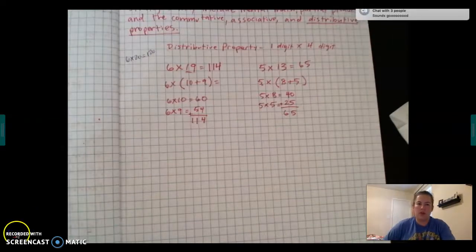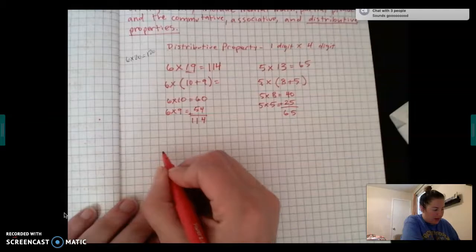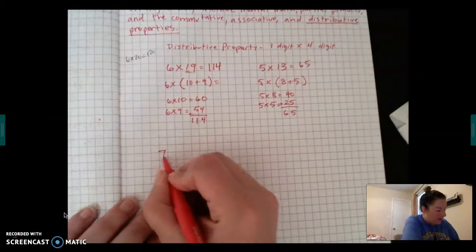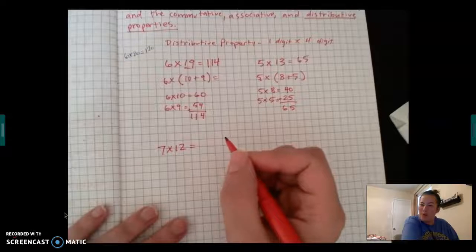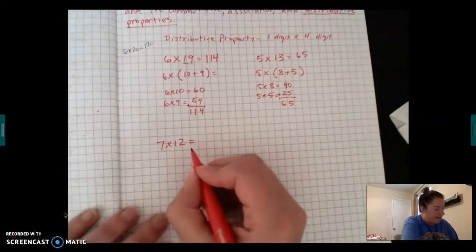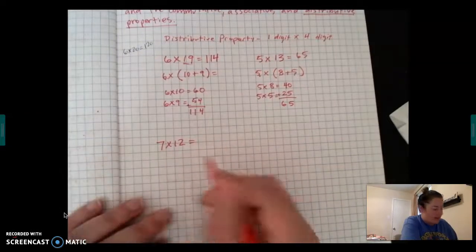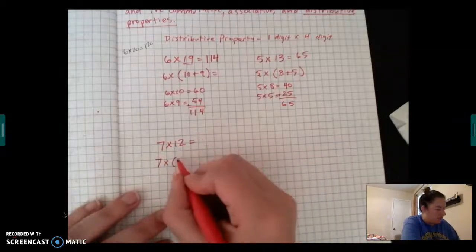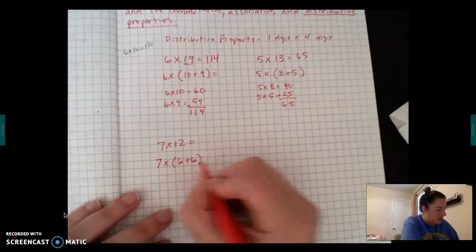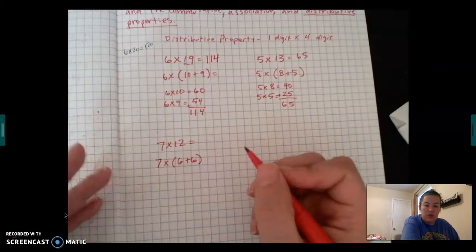Let's try one more. If we have 7 times 12, maybe I don't remember my 12s from last year, I can separate my 12 and then use the distributive property. So let's say 12, I could do 6 plus 6. You could do 10 plus 2.